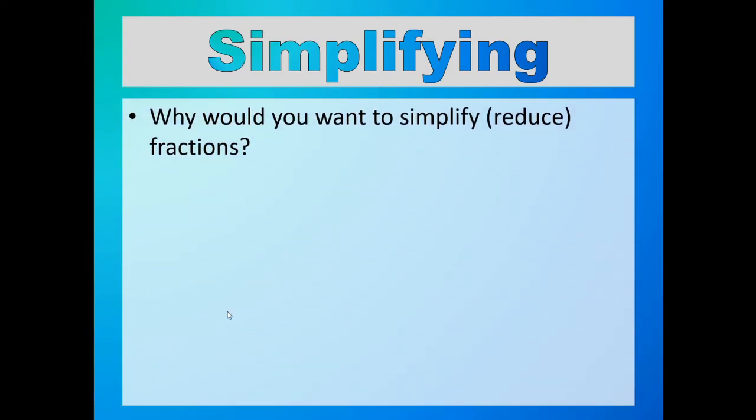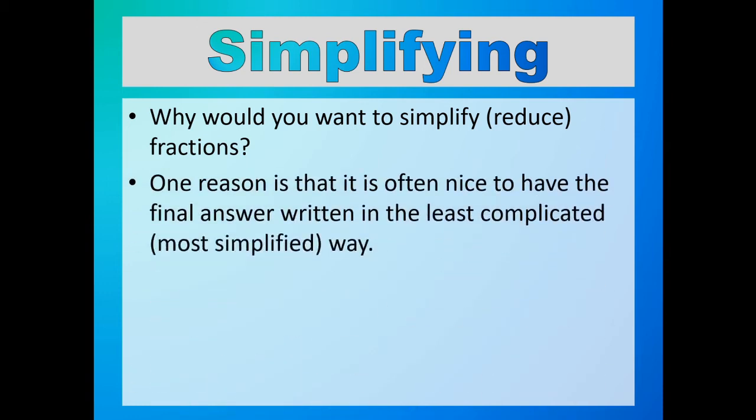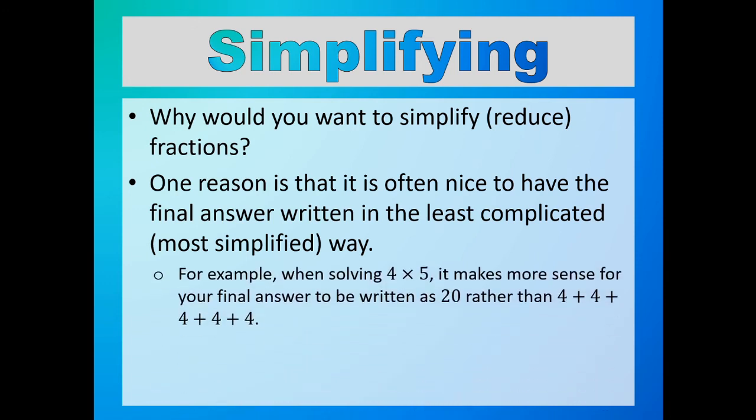So why would you want to simplify, also known as reduce, fractions in the first place? One reason is that it is often nice to have the final answer written in the least complicated or most simplified way. For example, when solving 4 times 5, it makes more sense for your final answer to be written as 20 rather than as 4 plus 4 plus 4 plus 4 plus 4.